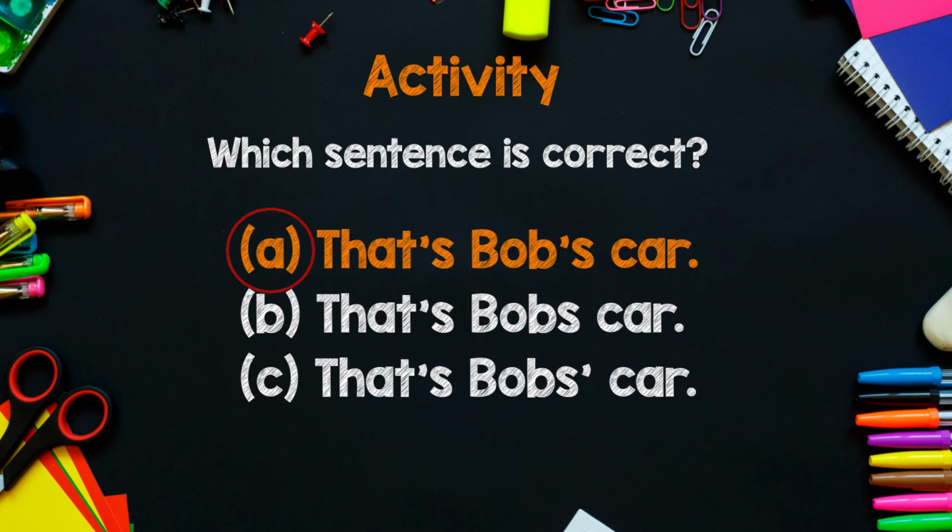Very good job. The correct answer is A. That's Bob's, capital B-O-B apostrophe S, car, since the owner of the car is Bob.